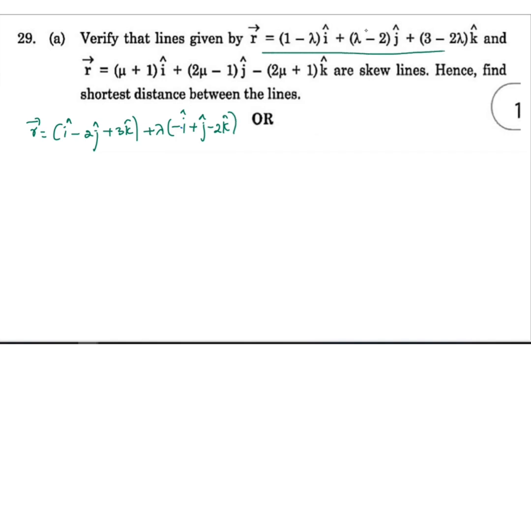For the second one, r vector is i cap minus j cap minus k cap plus mu times (i cap plus 2 j cap minus 2 k cap).